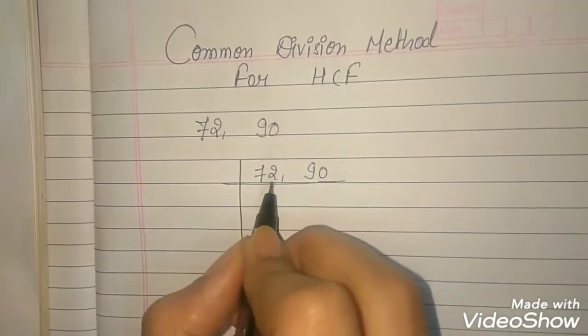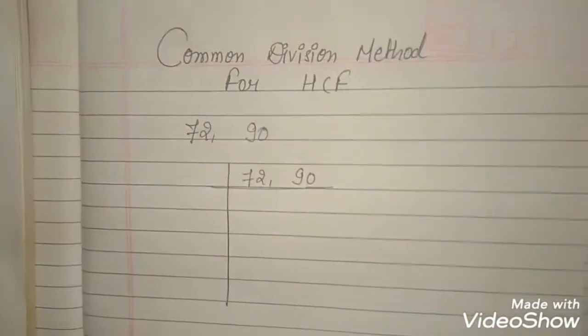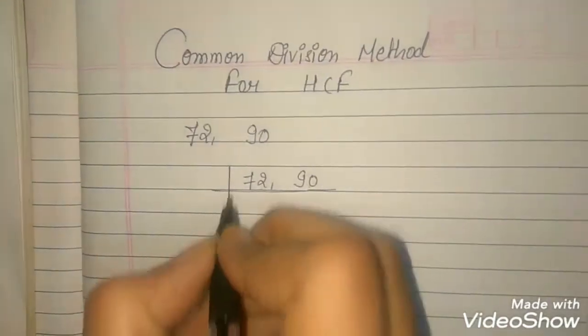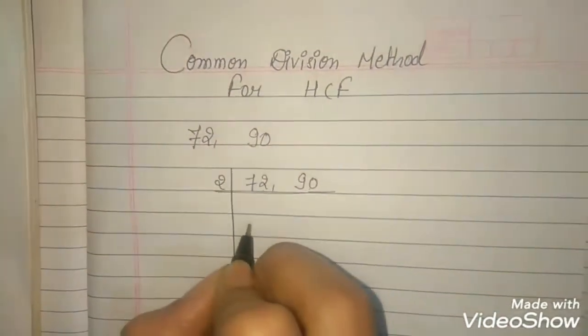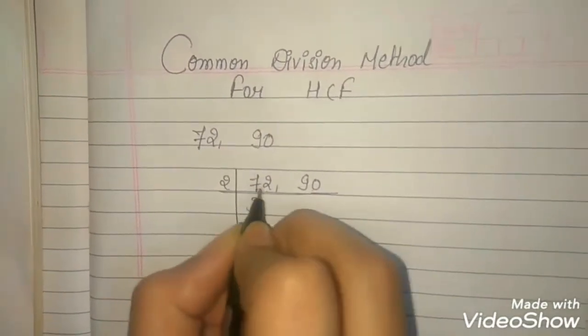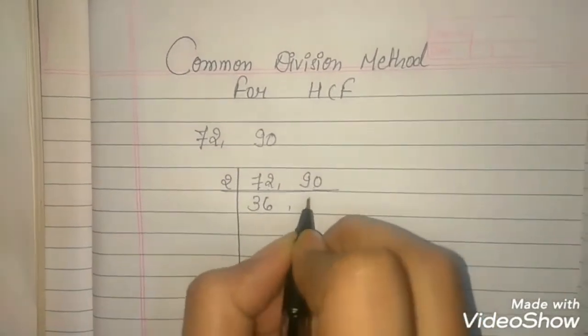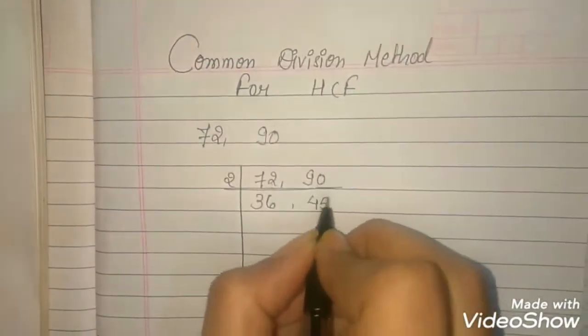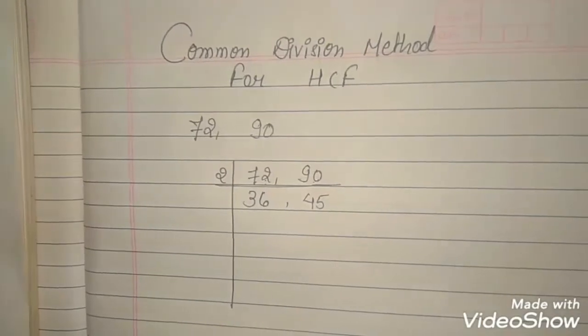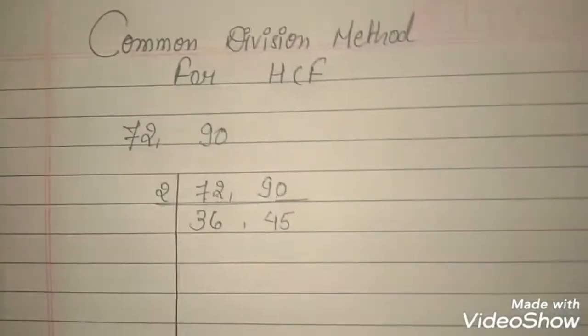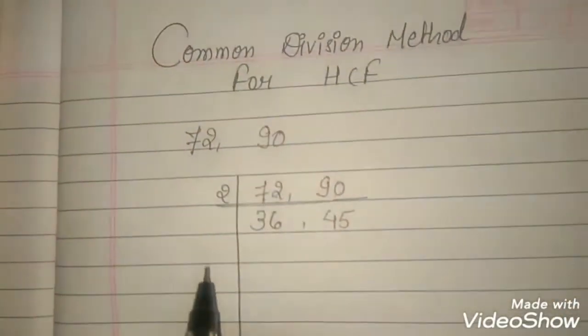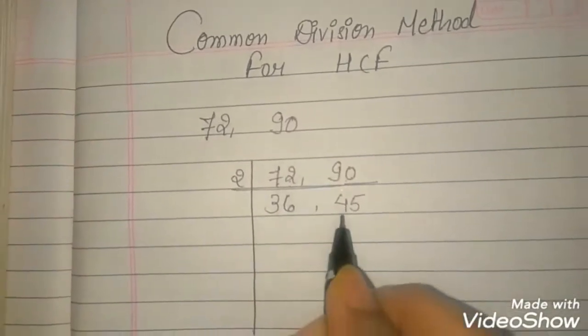Why? Because they are containing 2 and 0 in their last digits. So divided by 2. 2 3s are 6, 2 6s are 12, 2 4s are 8, 2 5s are 10. Okay, now this is 36 and this is 45.